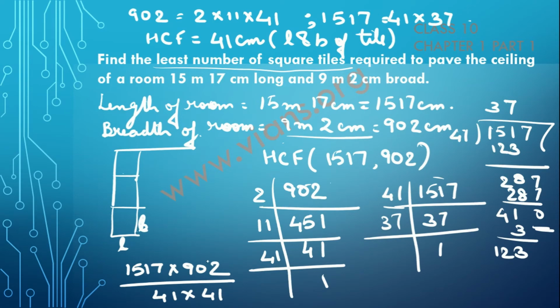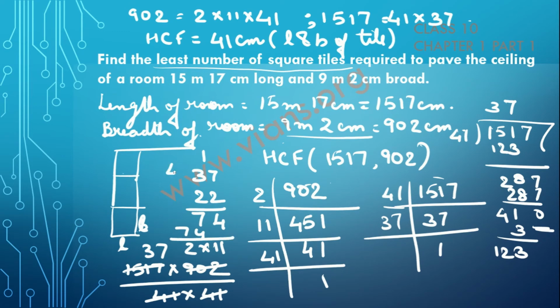So 41 cancels, from 902 you get 2 into 11, and over here 1517 divided by 41 you get 37. So that's 37 into 11 2s are 22, so that's 37 into 22. 7 2s are 14, 3 2s are 6, plus 1 is 7, so that gives 814.